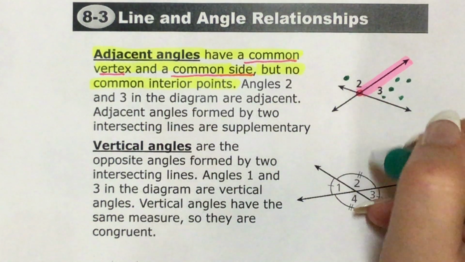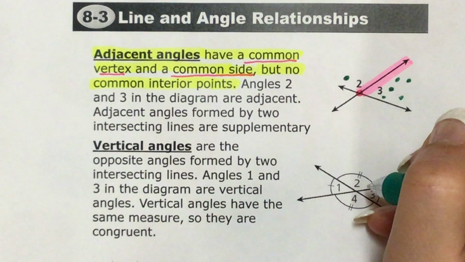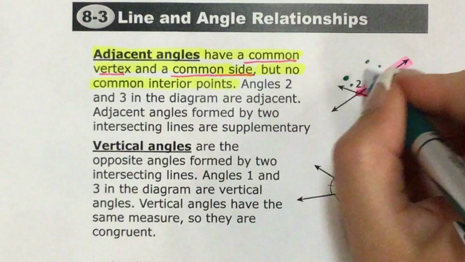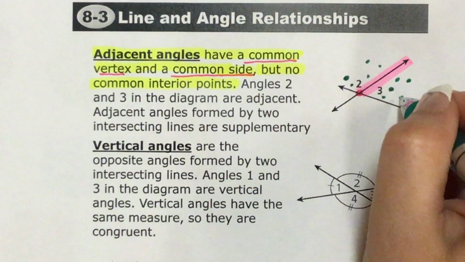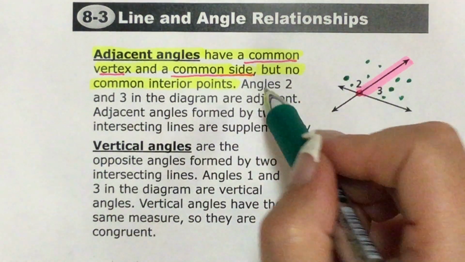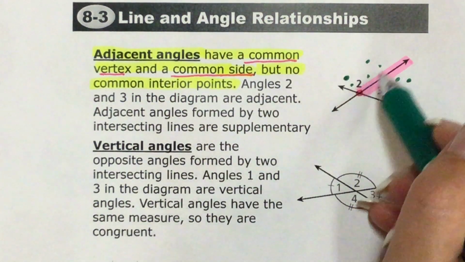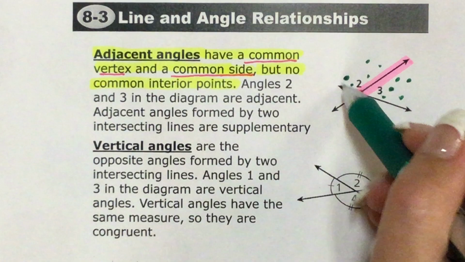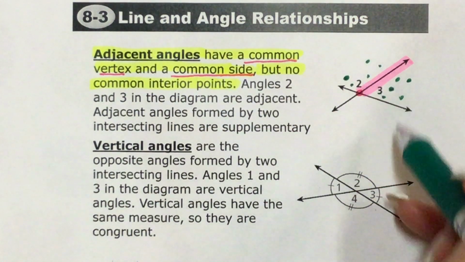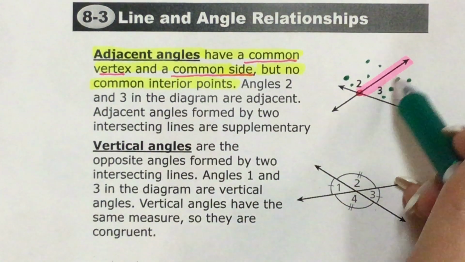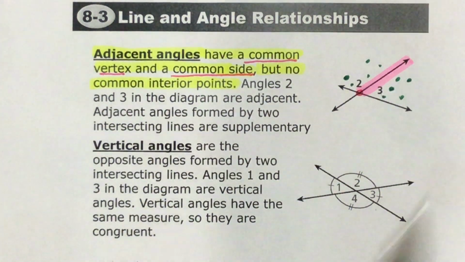Okay? What about this point over here if I made a point in angle 2? Is this point in angle 3? No, it's not. Any point I put in angle 2, none of these are inside angle 3. So they have no common interior points. Any point inside angle 2 is only inside angle 2, and any point inside angle 3 is only inside angle 3 and not angle 2.